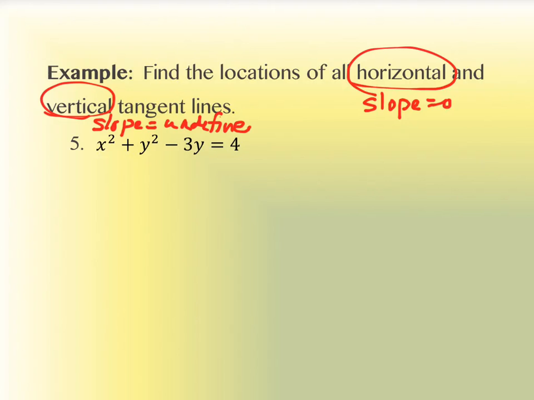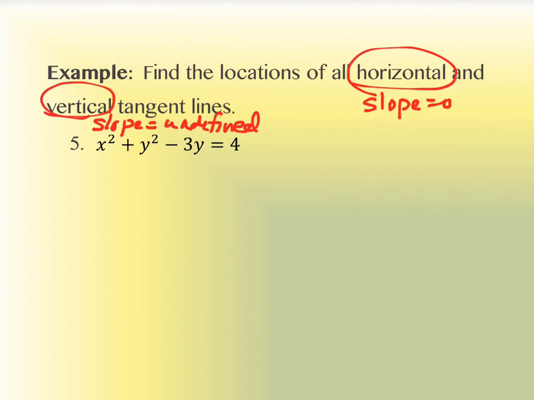So we can talk about horizontal and vertical lines based on their slopes, right? And how do we find slopes for curves? We take derivatives. So we're going to start with this particular function and take a derivative. This one's not nearly as bad as the ones we've been dealing with, because I don't see any product rules or quotient rules.